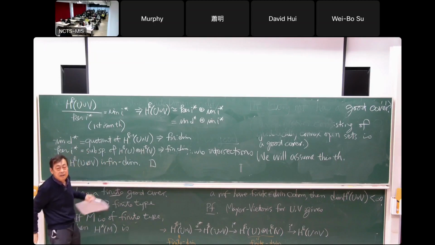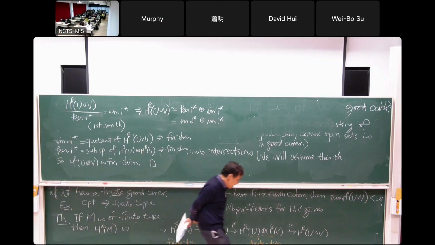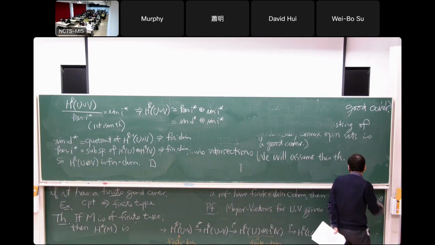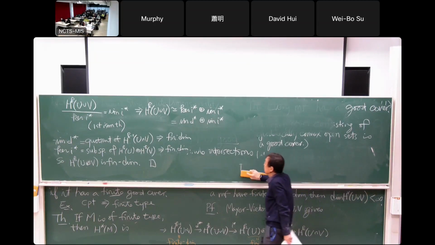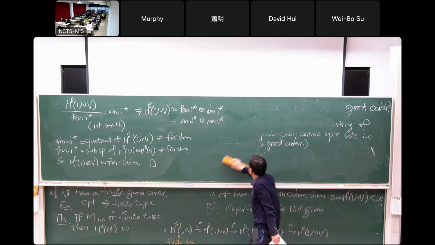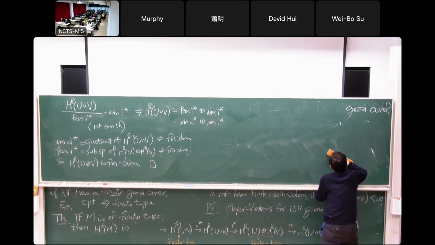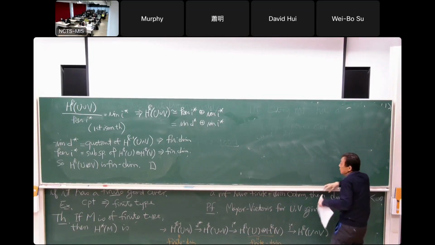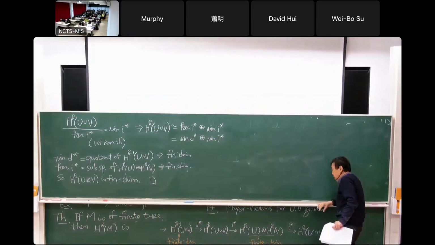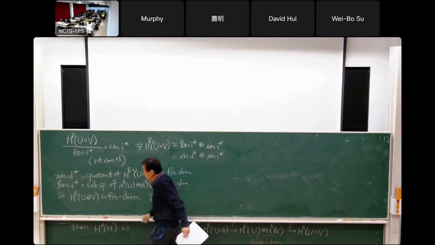Now let's prove that a manifold of finite type has finite dimensional cohomology. Since it has finite type, we can assume that it has r open sets in a good cover.